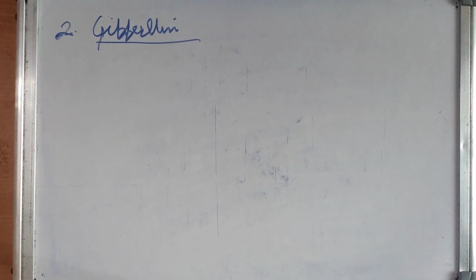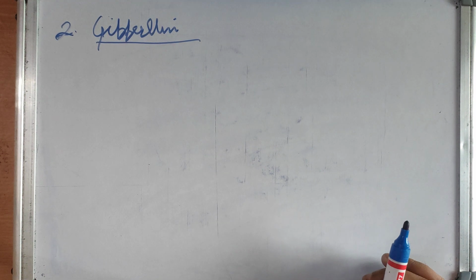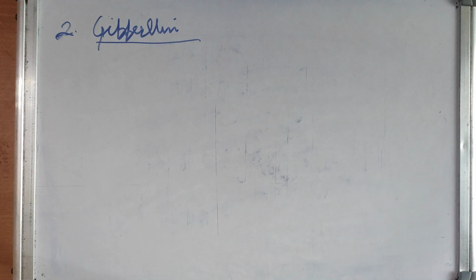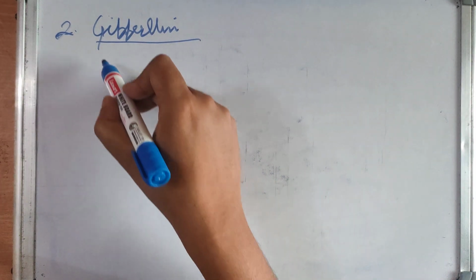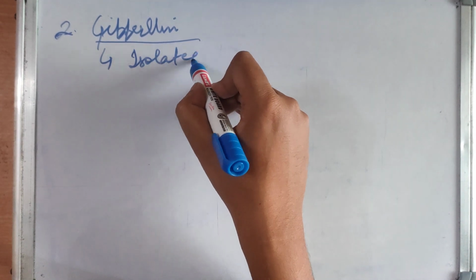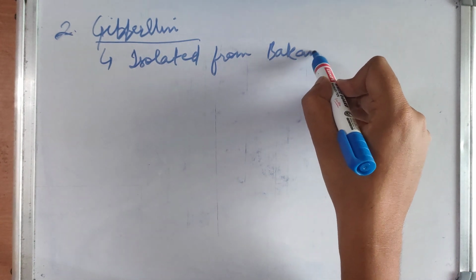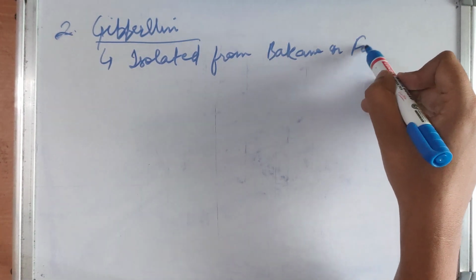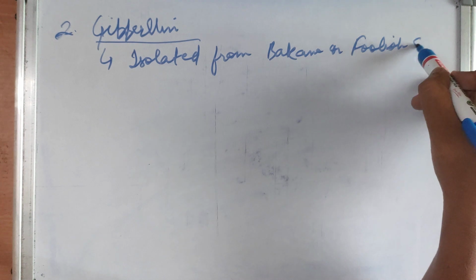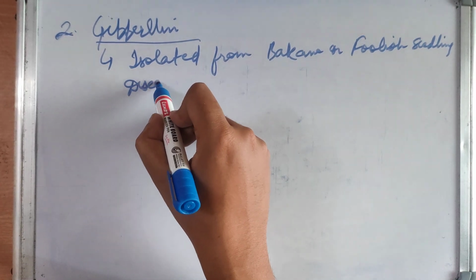Gibberellins were isolated from the fungus causing foolish seedling disease of rice.